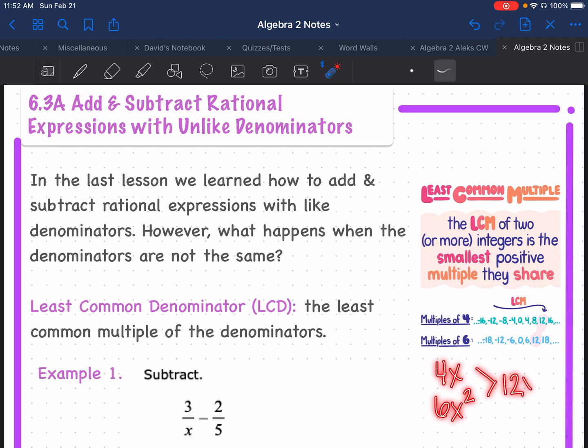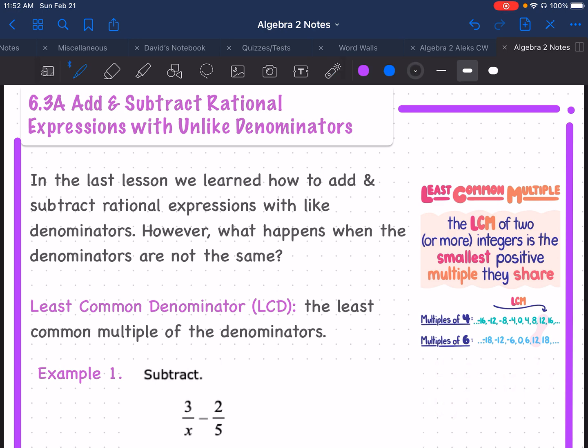And then I would have to take the x squared from the 6. I always take the biggest exponent I can of any variable. If I were to add an a in here, I would have to add that to my least common denominator. Okay? Let's go ahead and get started.